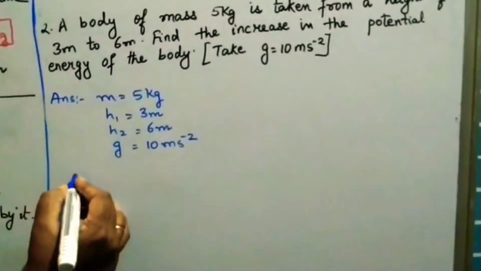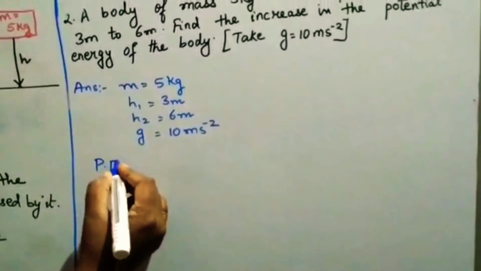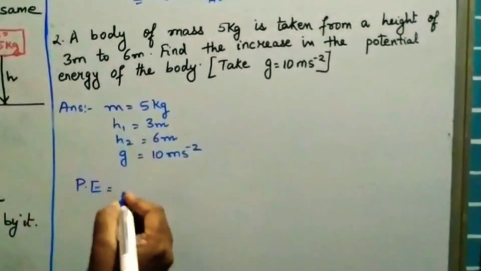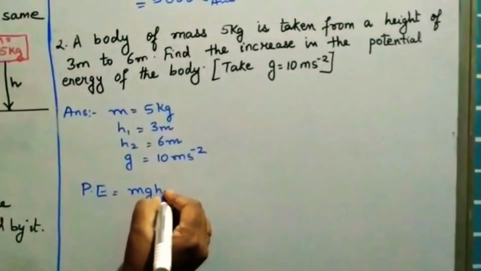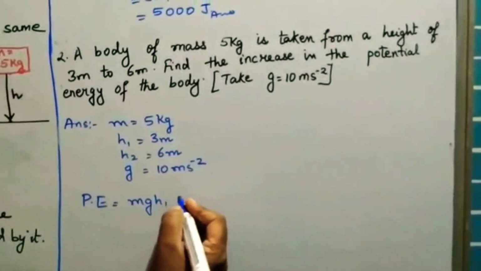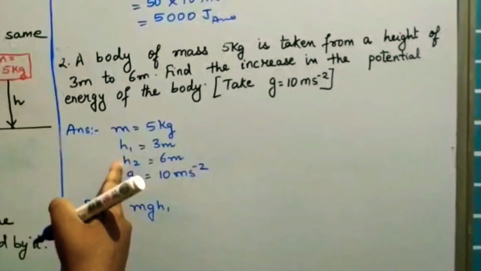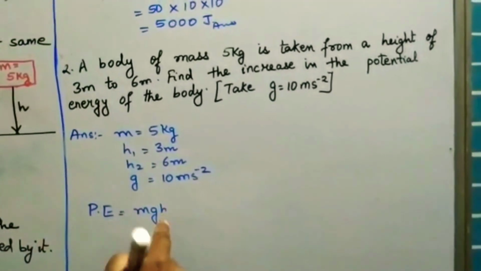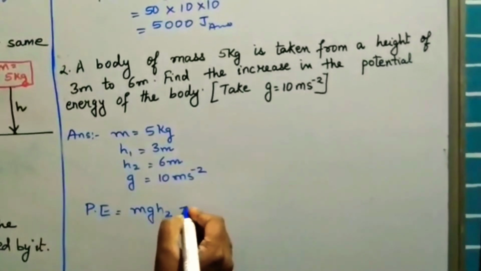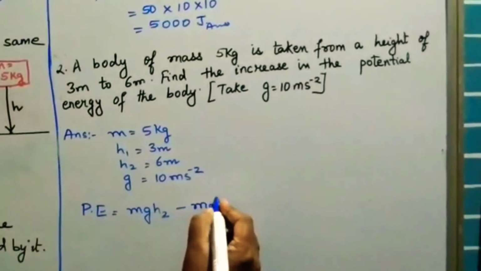So the potential energy is equal to, for the first case, mgh1 and for the second case, mgh2. Now because we know h2 is greater than h1, the value will be more, so we'll go for mgh2 minus mgh1.